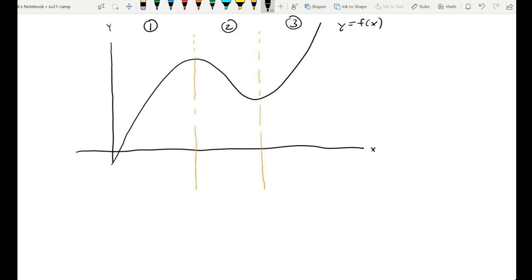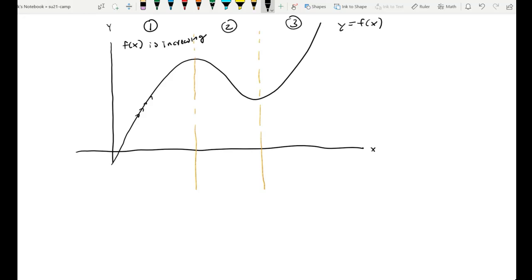In the first interval, is our function increasing or decreasing? So as x increases, is y going up or is it going down in the first section? Okay, it's increasing. So as x goes up, so does y. So we say it's an increasing function. So we say f of x is increasing on this interval.